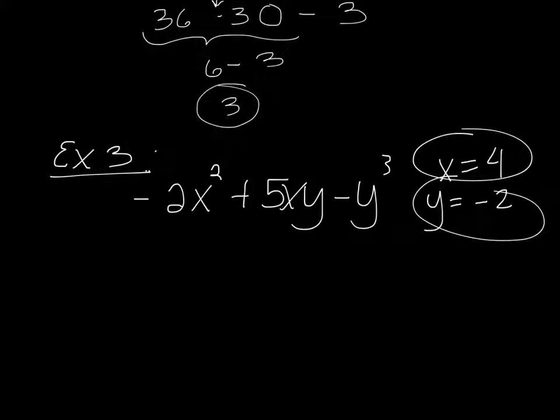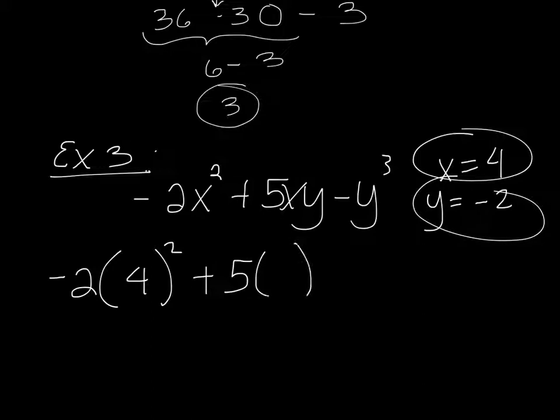And so let's go ahead and do that. Negative 2 times 4 squared plus 5 times x times y. Well, our x is 4, our y is negative 2, minus y cubed. So something cubed, y is negative 2.